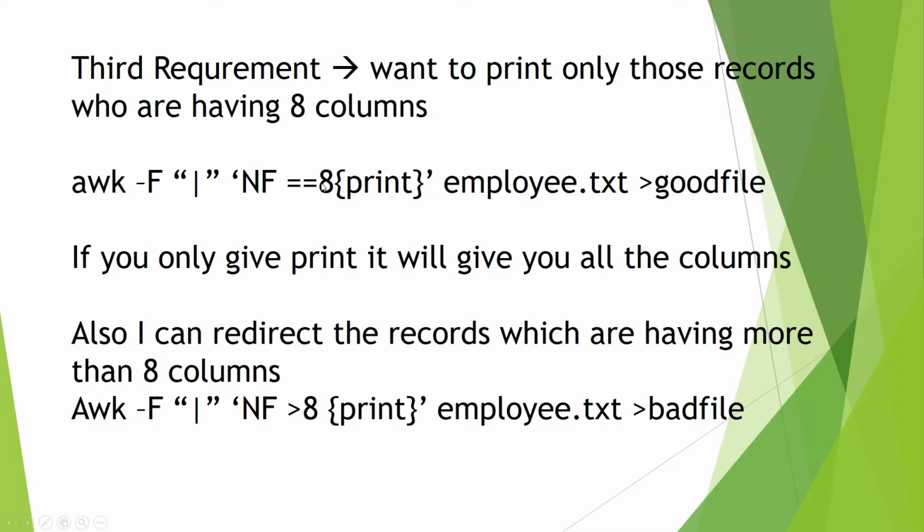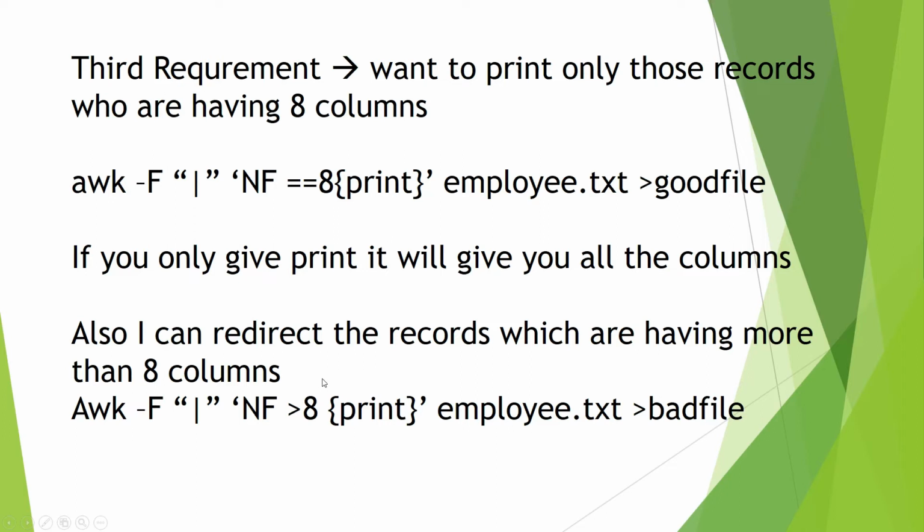That means it will check which records have only 8 columns and then print. If I only specify the print command, that means it will print all the columns, not specifically the 3rd column or 2nd column. And then I have to specify my file name, and then I can redirect my output to a good file. Good file is nothing but a name of the file.